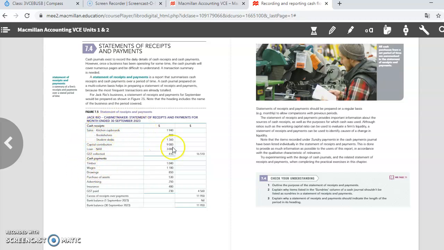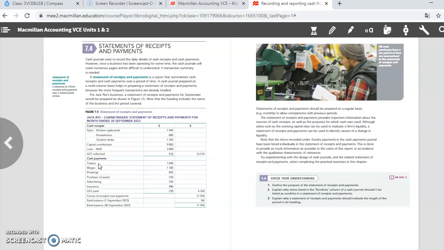It wants you to give the details on where you received the cash from: sales of kitchen cupboards $1,940, bookshelves $800, student desk $1,360, capital contribution $9,000, and loan from NAB $3,000. GST collected $410. The total cash receipts are $16,510.